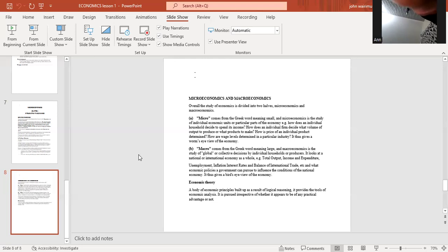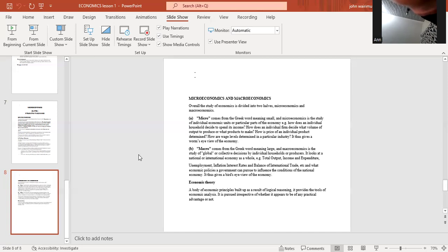How does an individual household decide to spend its income? How does an individual firm decide what volume of output to produce or what product to make? How is the price of an individual product determined?